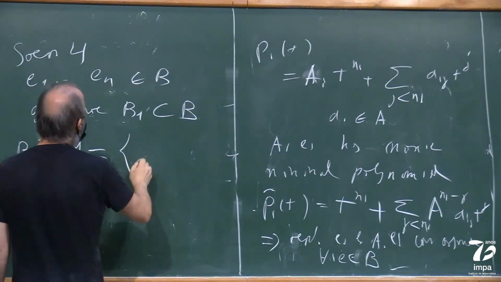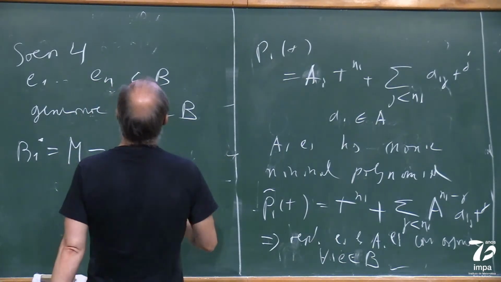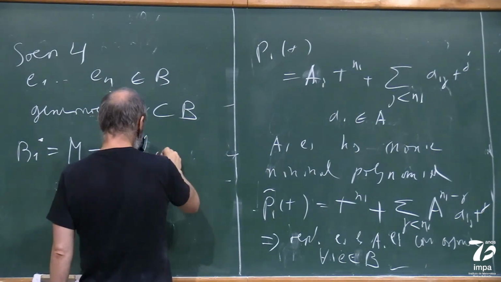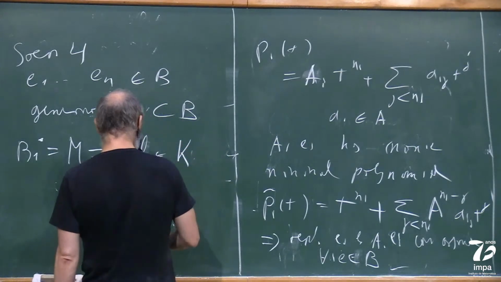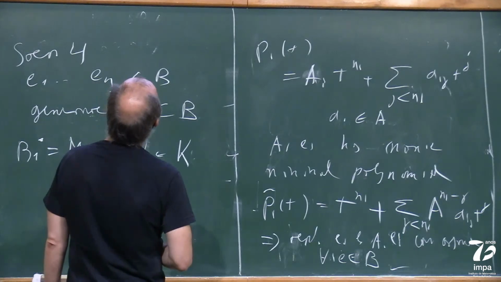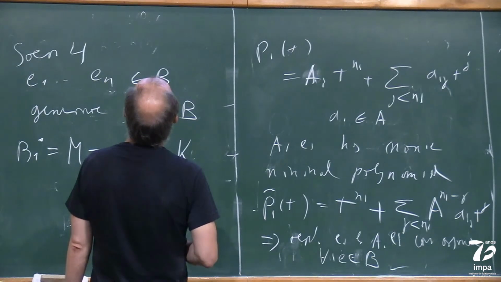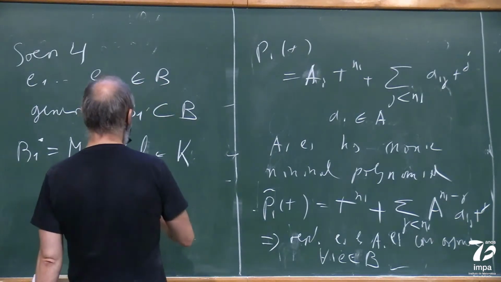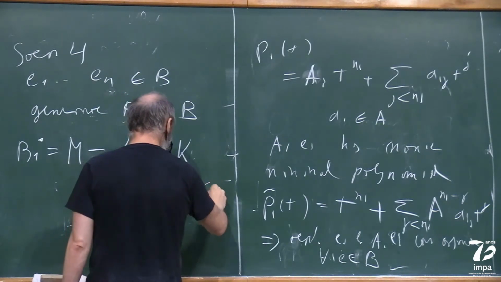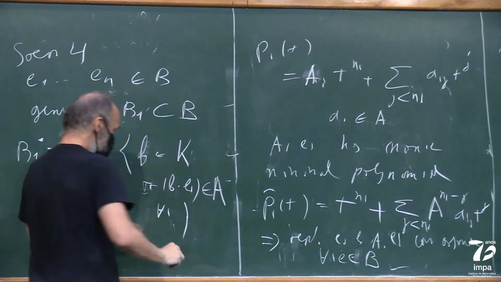It's the set of all b inside K big such that trace of b multiplied by e_i belongs to A for all i. So it's like a dual.